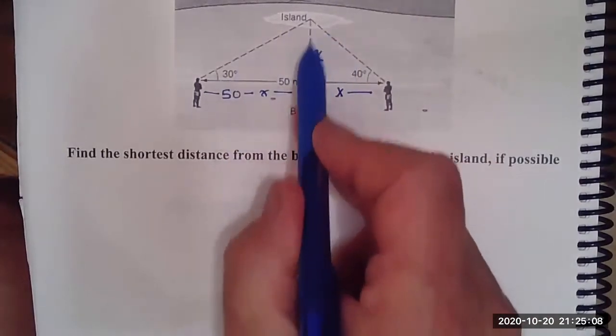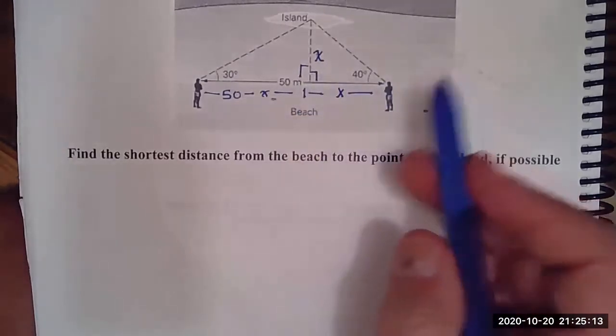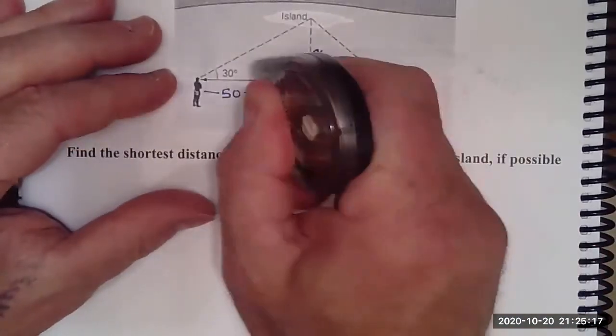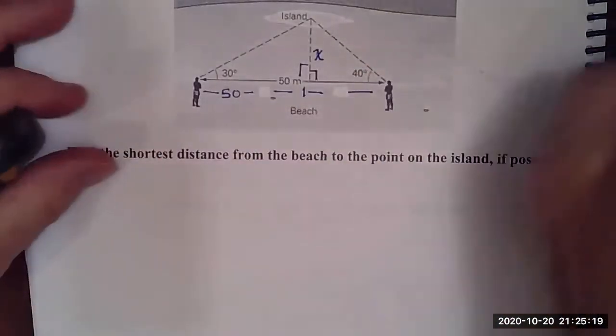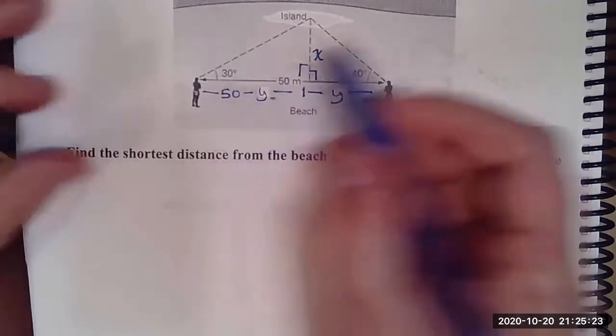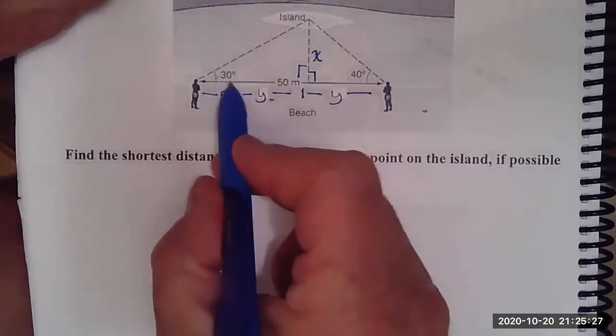If I want to find the distance right here, that's x. That should be a different variable. That's not the same distance. Let's make that y. That makes more sense.